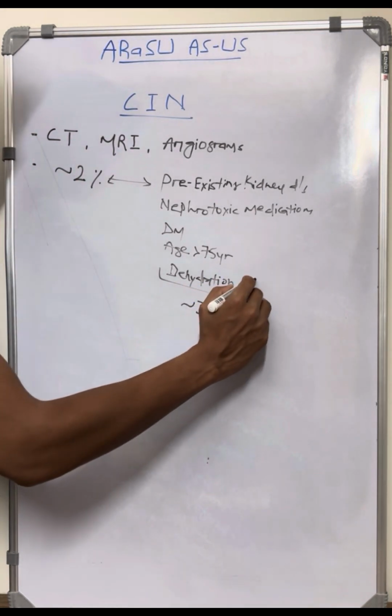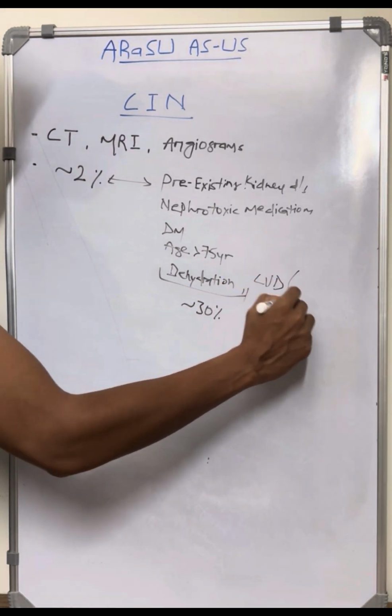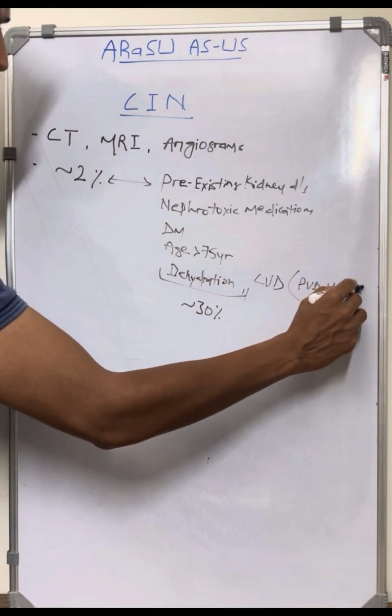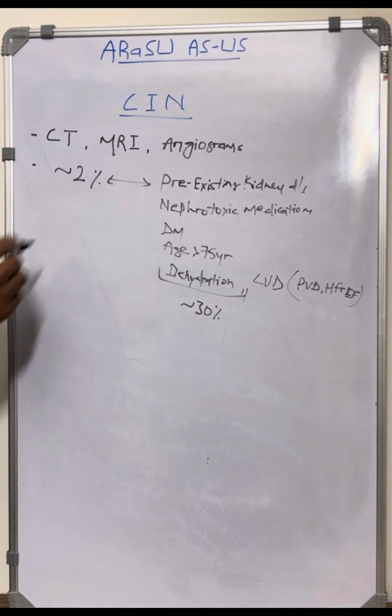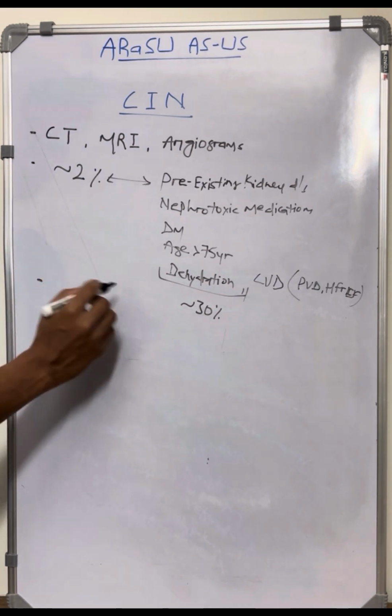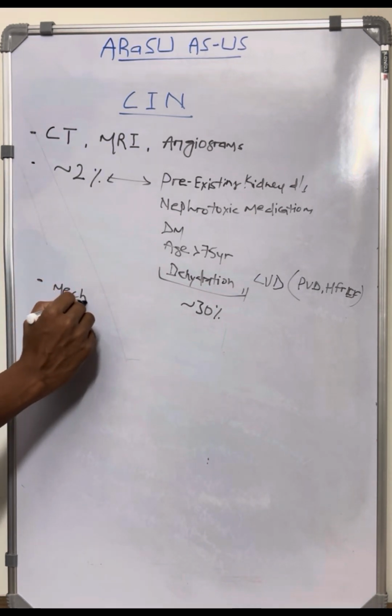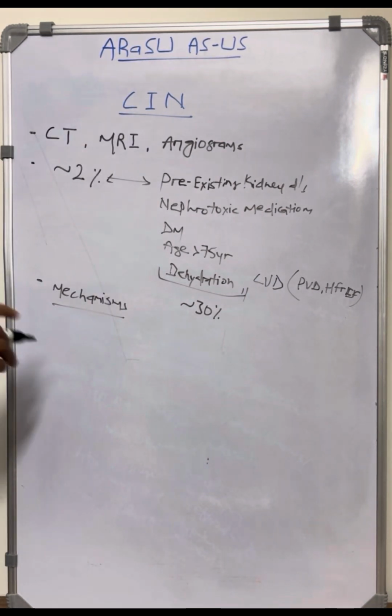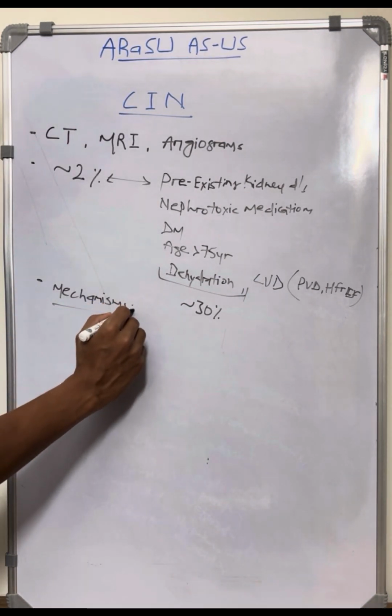And one more thing is patients with cardiovascular diseases, for example peripheral vascular disease or heart failure with reduced ejection fraction. Now we will deal with the mechanisms which lead to this nephropathy when we use contrast. There are multiple things.